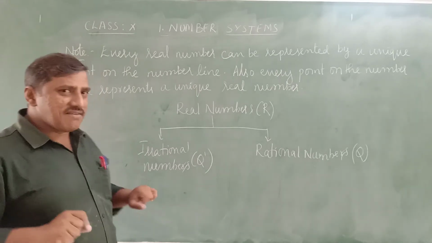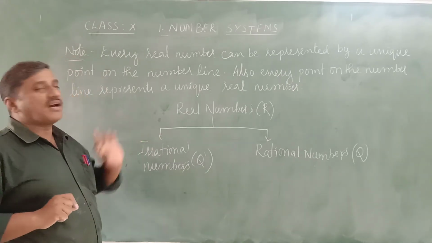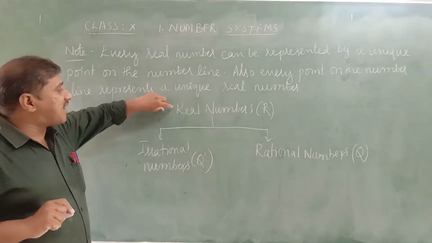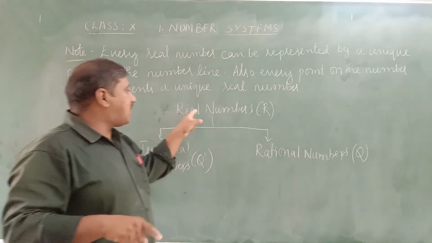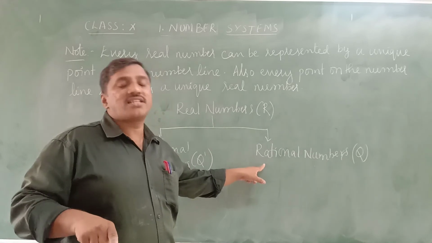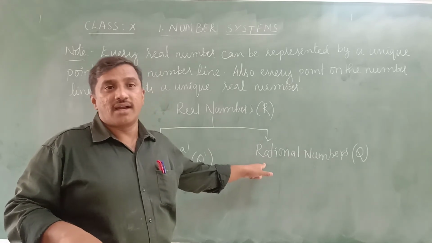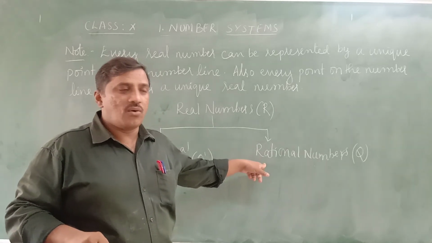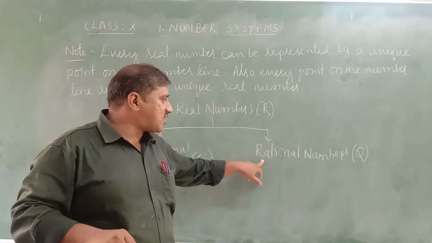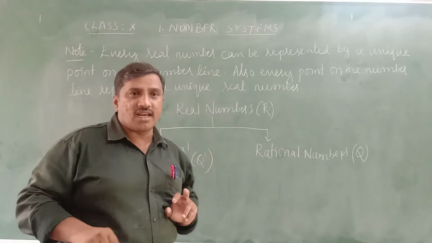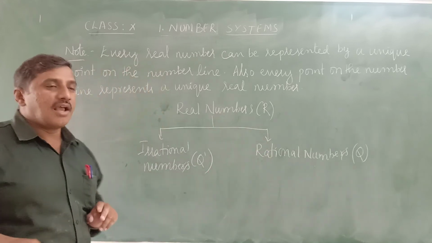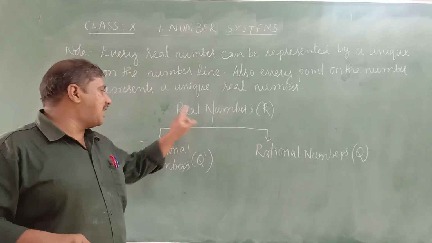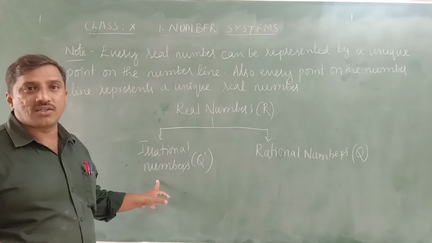Every irrational number is a real number, but every real number is not an irrational number, because real numbers include rational numbers also. Every rational number is a real number, but every real number is not a rational number, because real numbers include irrational numbers also.